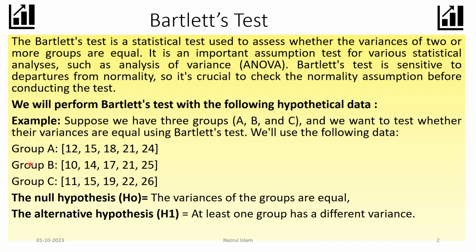So we have three groups of data, group A, group B and group C. The null hypothesis is the variances of the groups are equal, and the alternative hypothesis is at least one group has a different variance.